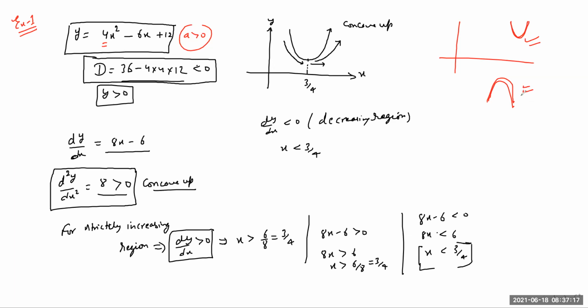Every quadratic represents a parabola, and the parabola can be of six types: one, two, three like this, or the fourth one like this, and so on up to six. Out of the 6 options, let me eliminate one by one. Here the discriminant is negative, which means it will not cut or touch the x-axis.